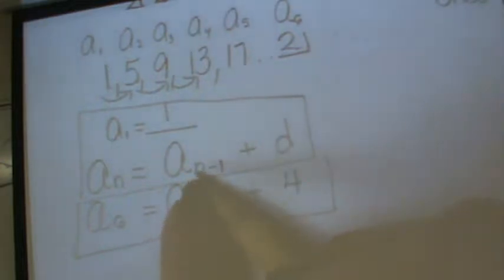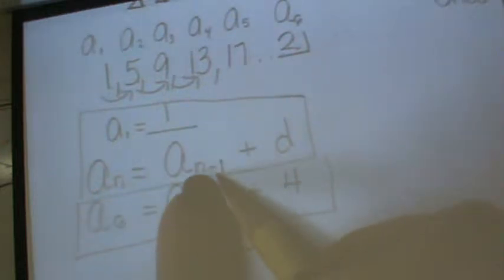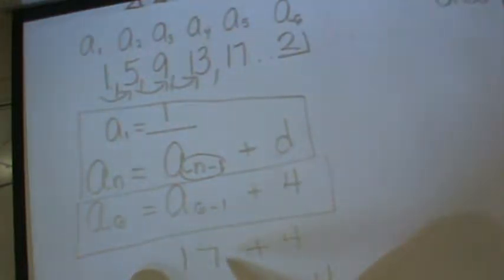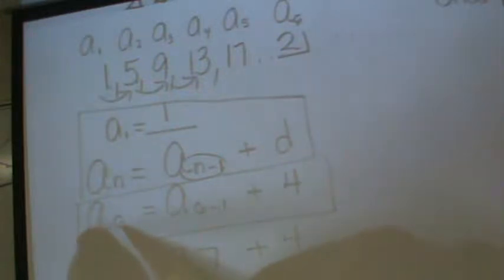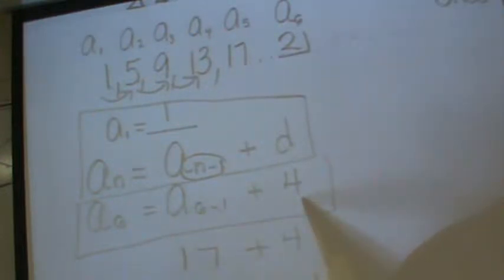This terminology means whatever one you're looking for, you take the one n minus 1, this means the one prior, and you're going to add the common difference. That's all that means. So if you want the 6th term, you take the prior one, which is the 5th term, and you add 4. That's all that means.